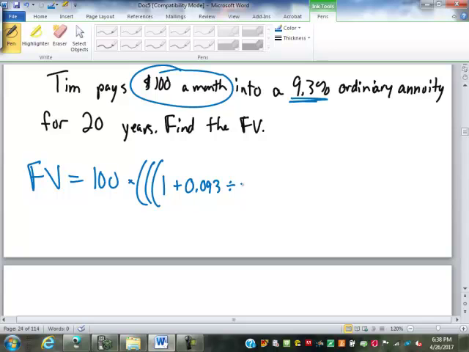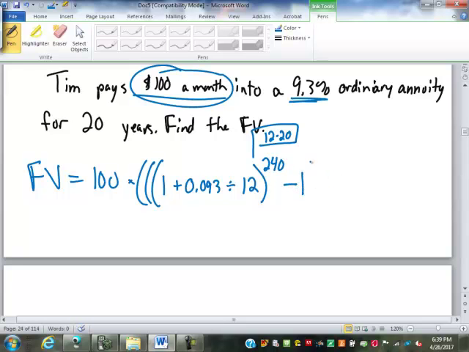Careful. The payments are made each month, so divide by 12. Remember, the compounding period is assumed to be the same as the payment period. So if the payments are made monthly, interest compounds monthly. To the power of 12 per year times 20 years. There you go. So 240.